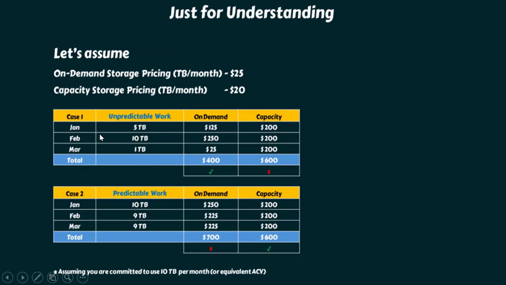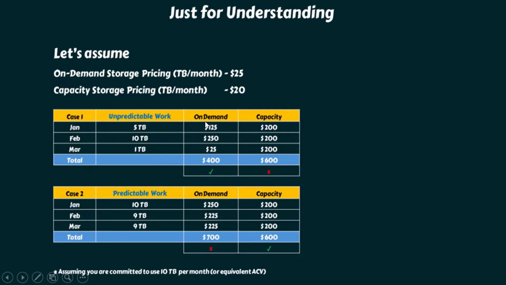The fixed on-demand storage pricing is $25 per terabyte per month. For January, February, March: 5 terabytes means 5 into 25, 125. Then 10 terabytes for February, 10 into 25, which is 250. And 1 terabyte in March, which is 25. If I add all these, I get 400.